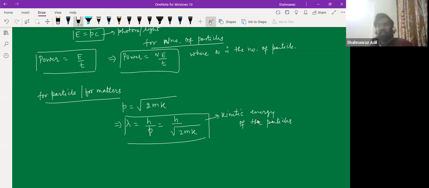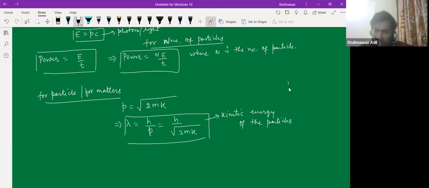And what is the kinetic energy related to? Do you remember? If you remember the photoelectric effect, the kinetic energy was related to the stopping potential.